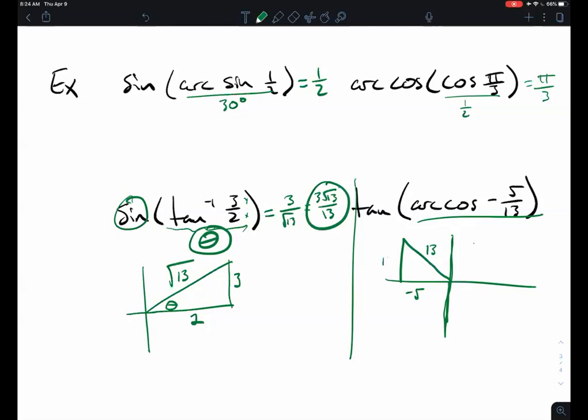There we go. Great. So I want the tangent of that relationship. That's going to be 12 over 5. I just want the y over x of whatever this angle is that I don't know. I wanted the tangent.